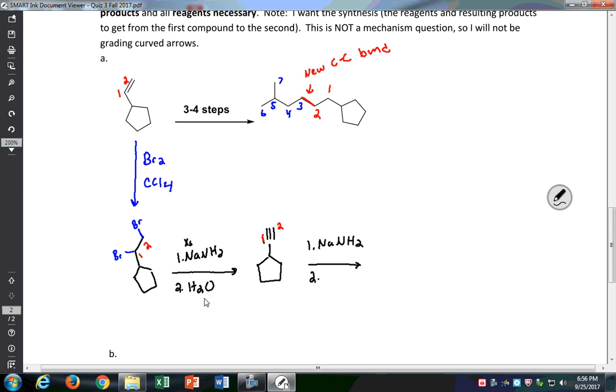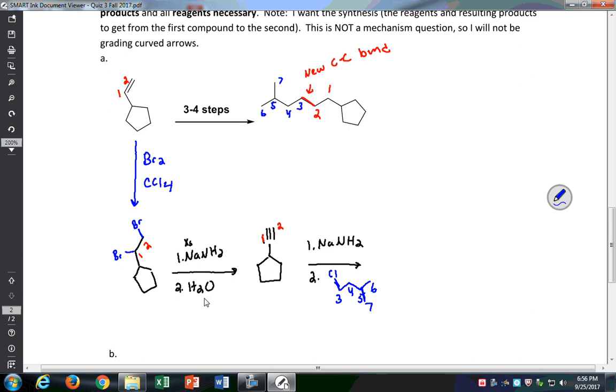So again, here's where numbering can get really useful so you don't miss a carbon. If I say my chlorine's here, that's going to be my carbon 3, and my CH3 group is on carbon 5. That's 7. See my numbering? A lot of students got to this point, but didn't connect that CH3 group in the right place.